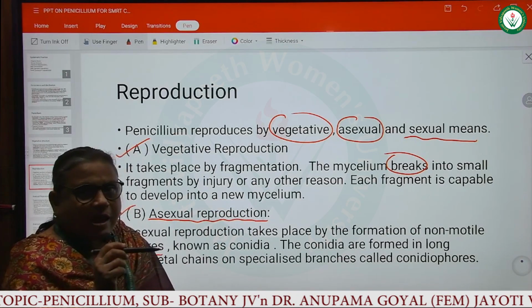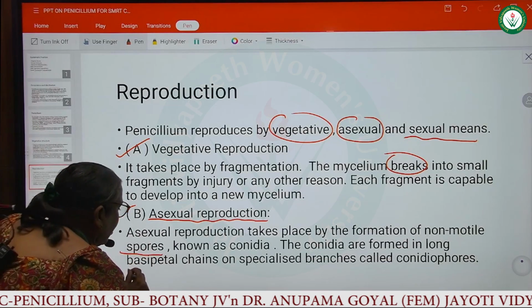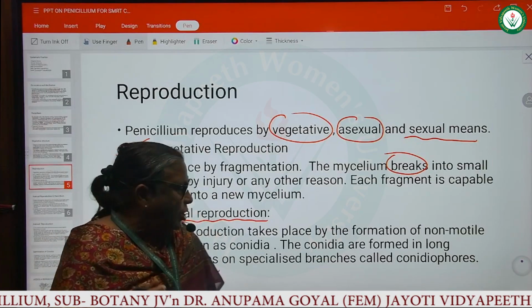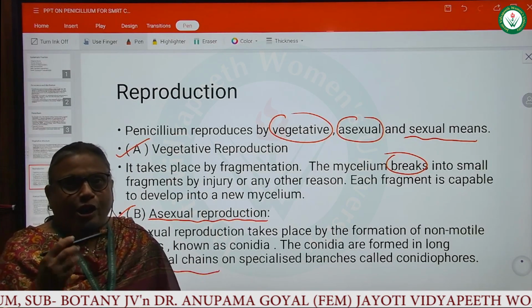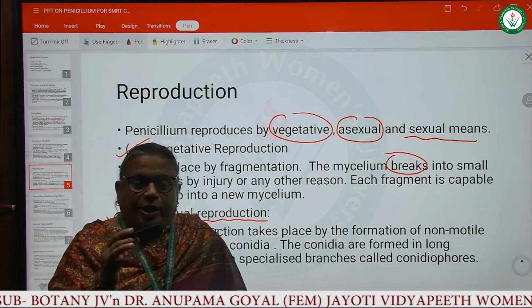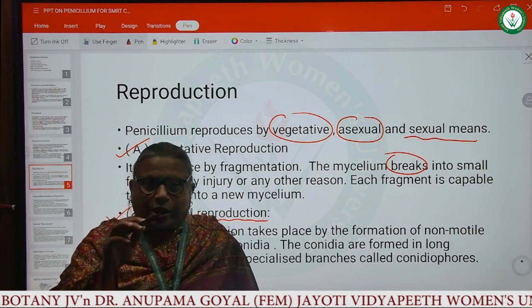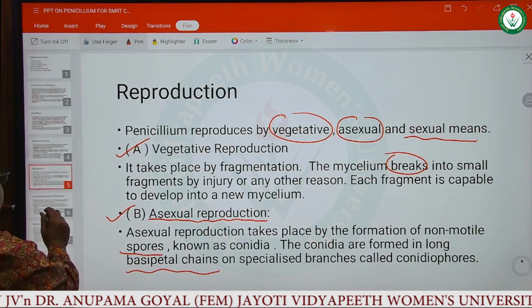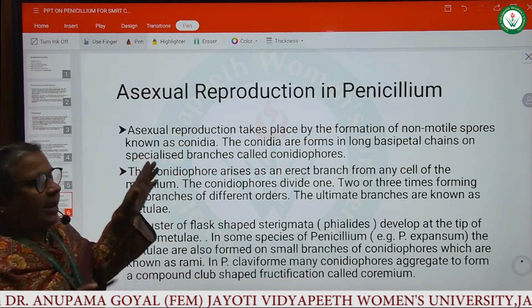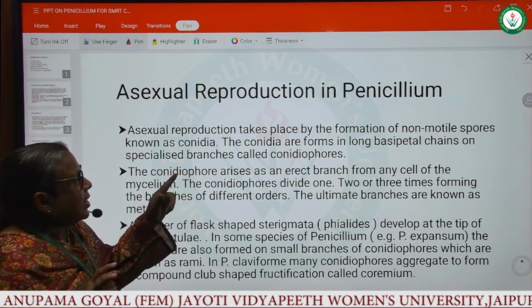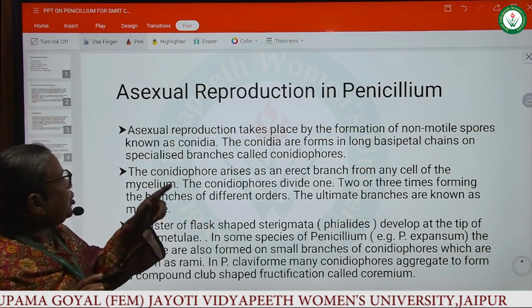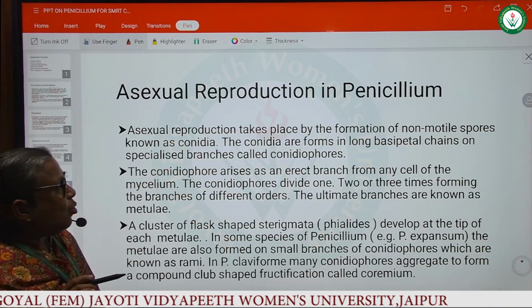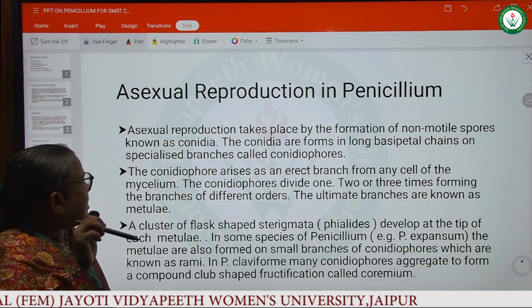The conidia are formed in long basipetal chains on specialized branches called conidiophores. The conidia are formed in long basipetal chains.